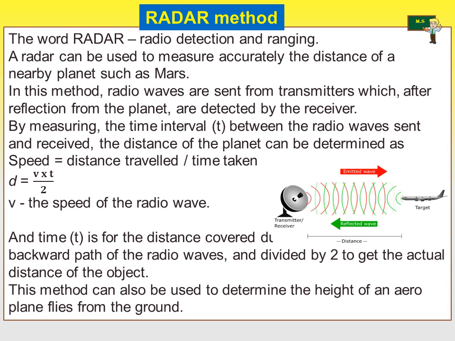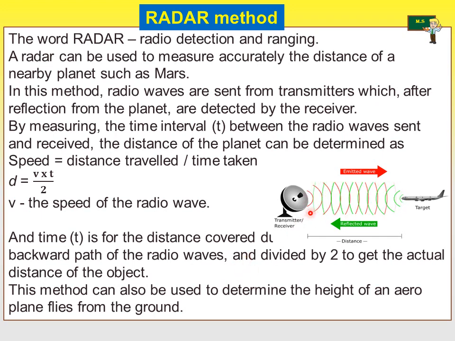A radar can be used to measure accurately the distance of a nearby planet such as Mars or Jupiter. In this method, radio waves are sent from transmitters which, after reflection from the planet, are detected by the receiver.